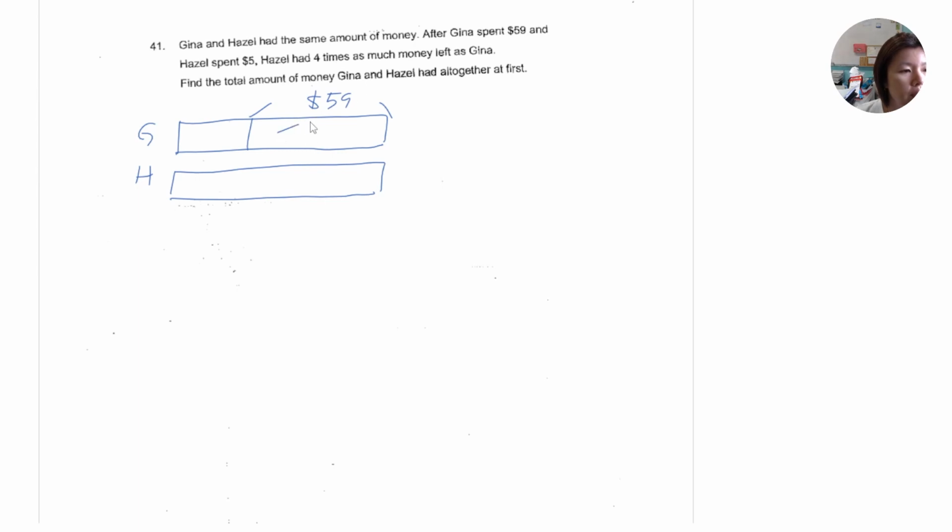And Hazel spent $5. And they say Hazel has 4 times as much as Gina, meaning Hazel got 4 units. Let's use another column: 1, 2, 3, 4.